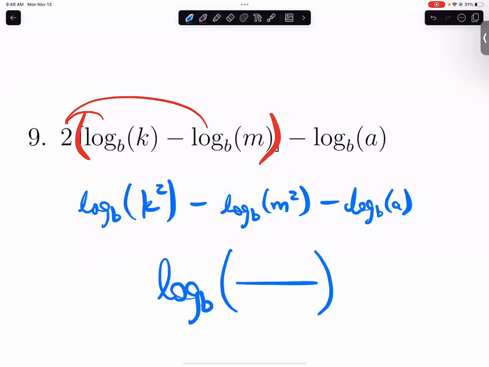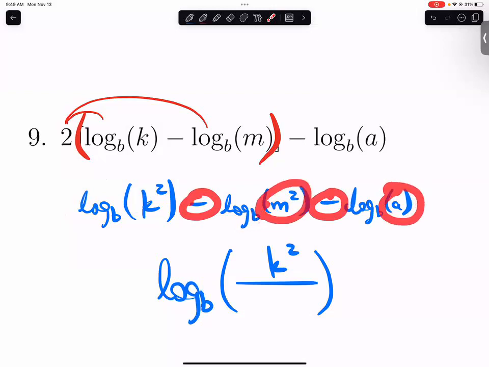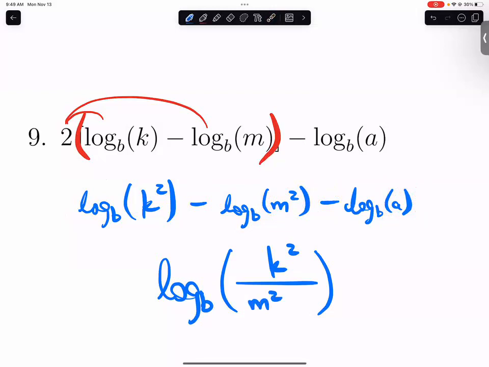We're going to be dividing. What needs to go on the top? K squared, because that term's positive. What needs to go on the bottom? M squared and a. So we're taking k squared, we're dividing by m squared, and we're also dividing by a.